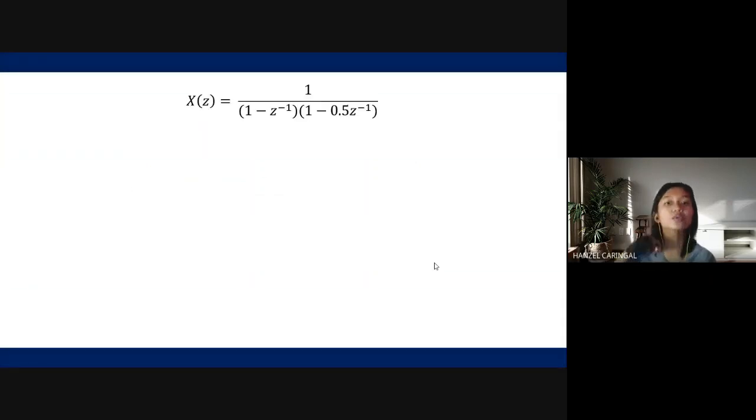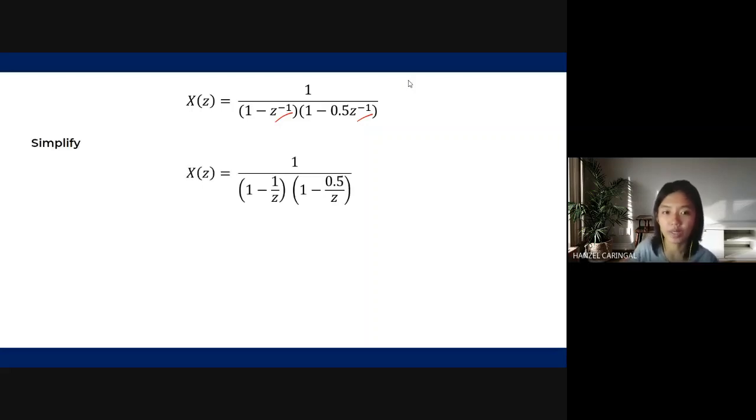First thing to do is to evaluate or assess our given function. Since our given function has negative exponents in the denominator, we will first simplify those. So z raised to negative 1 can be written as 1 over z, and as for the second term, 0.5 times z raised to negative 1 is just equal to 0.5 over z.